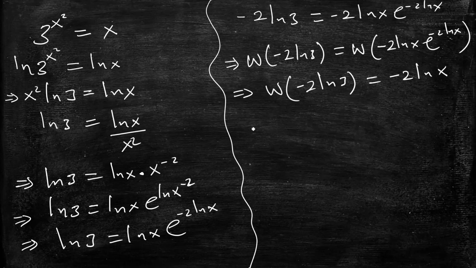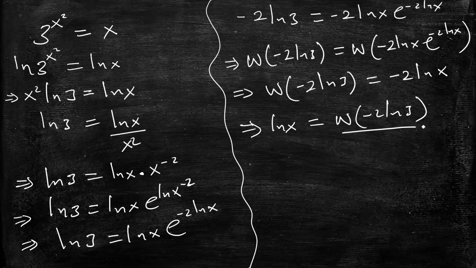Let's focus on the right hand side since we have to solve for x. So let's remove the minus 2. I'll divide both sides by negative 2, which will leave us with ln of x equals Lambert W of negative 2 ln of 3 over minus 2.